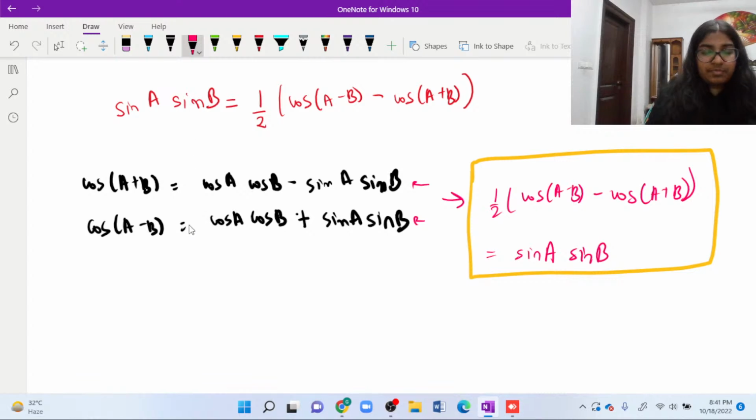And there are three more formulae that I will use often.